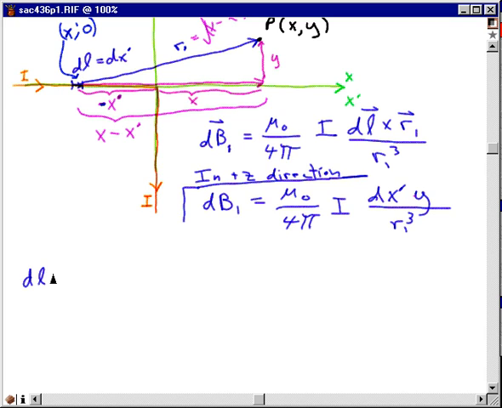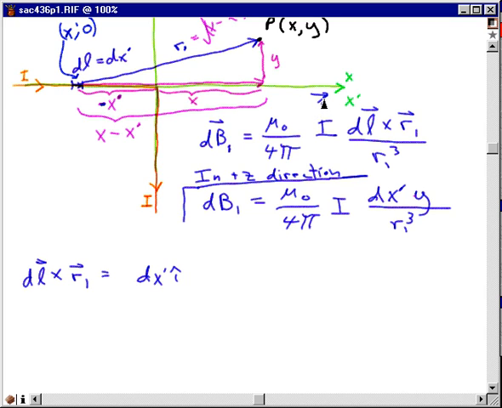So I just want to look at dl cross r, which we have argued in a conceptual manner turns out to be dx prime times y in magnitude, and it's in the z direction. This can be written as dx prime times the unit vector in the I direction.